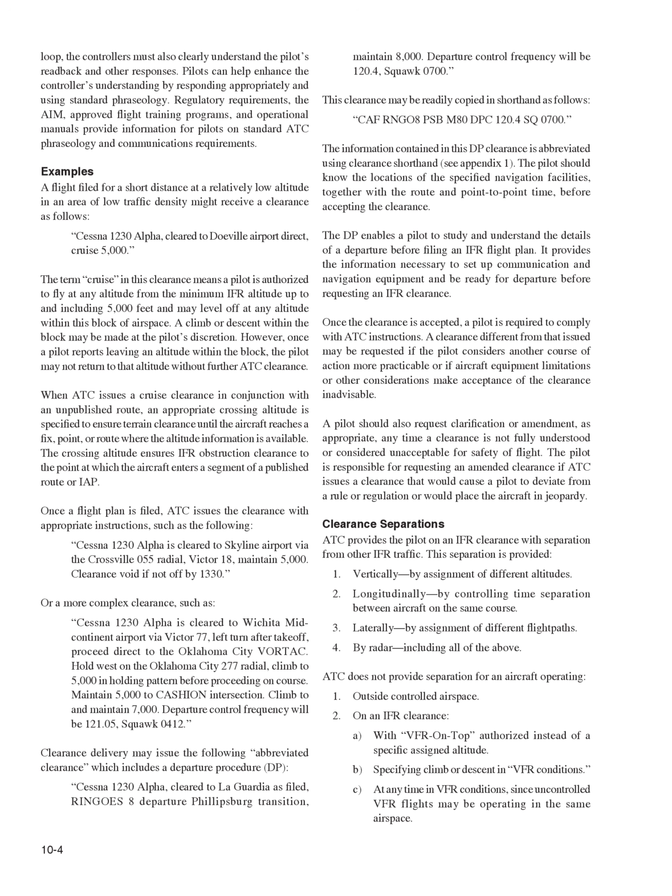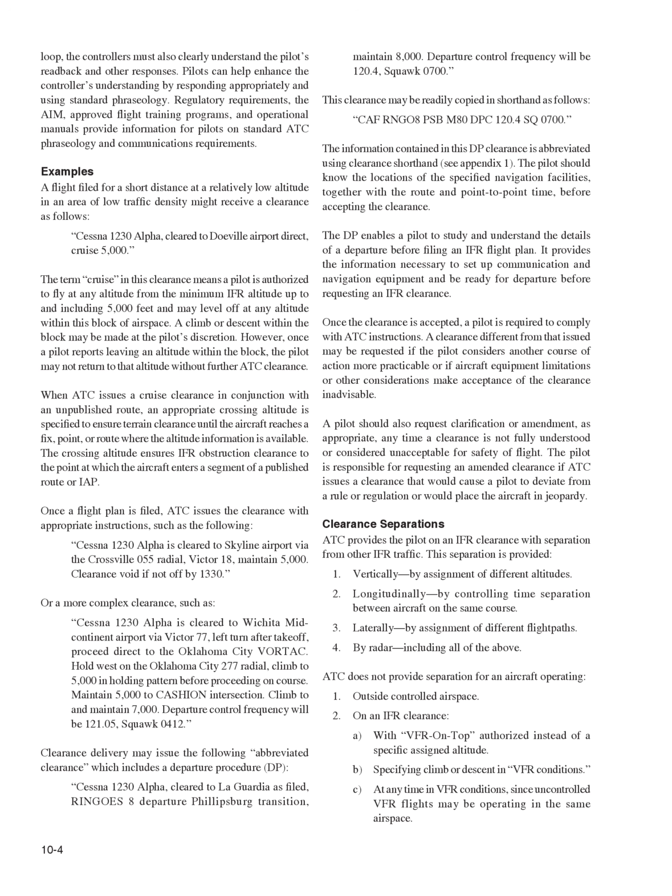Regulatory requirements. The AIM, approved flight training programs, and operational manuals provide information for pilots on standard ATC phraseology and communications requirements. Examples: a flight filed for a short distance at a relatively low altitude in an area of low traffic density might receive a clearance as follows: "Cessna 1230 Alpha, cleared to Double Airport direct, cruise 5000."